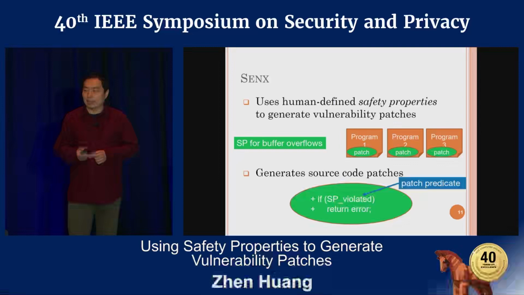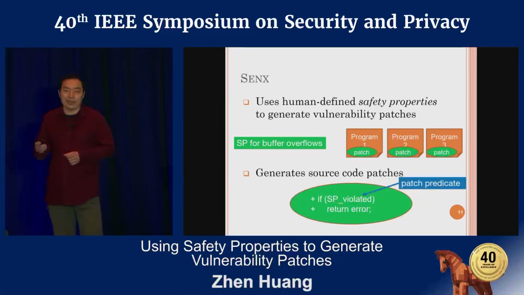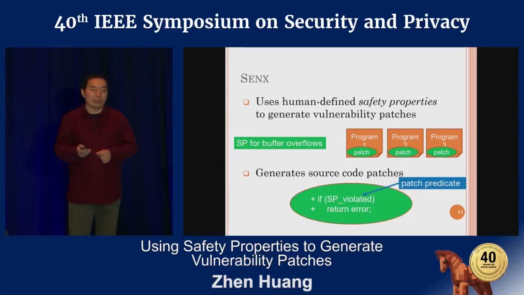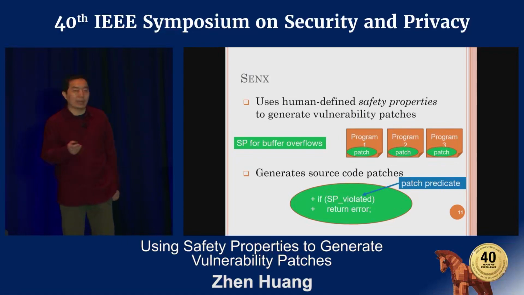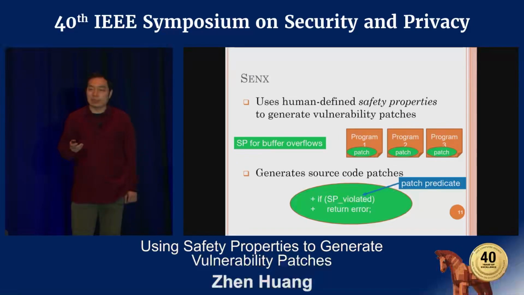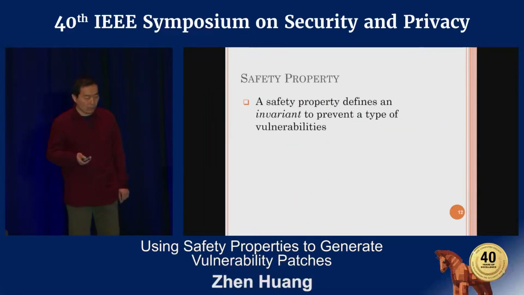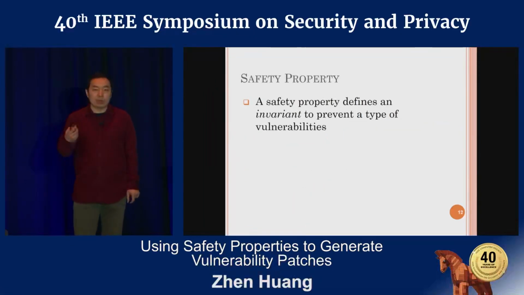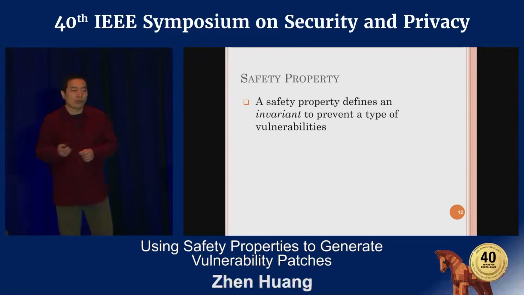A SYNCs patch is in the form of an if statement that would divert program execution to error handling code when a safety property is violated. And here, we call this checked condition a patch predicate. A safety property defines an invariant to prevent a type of vulnerabilities.